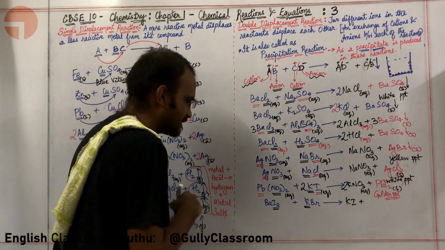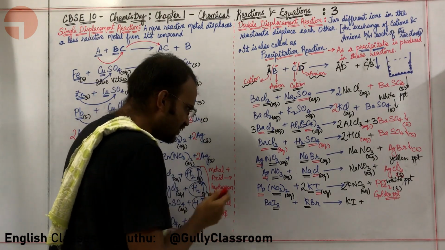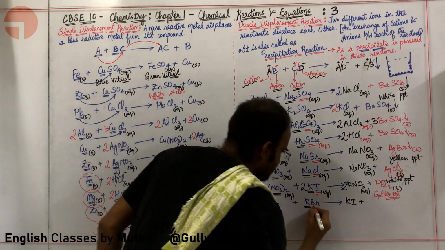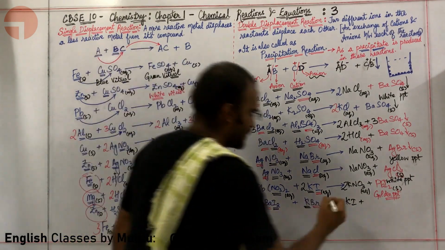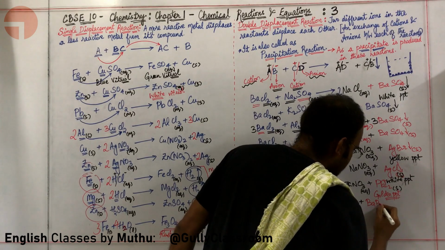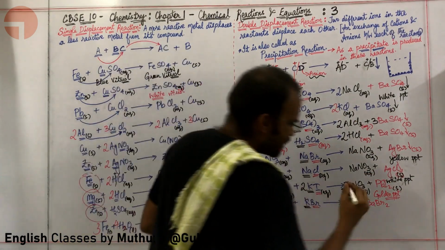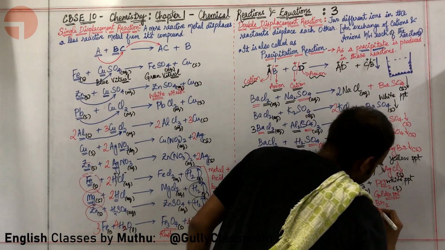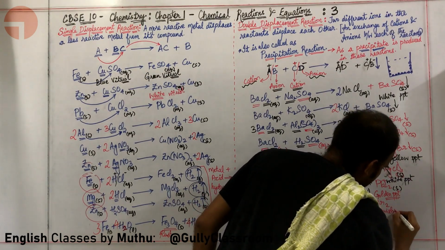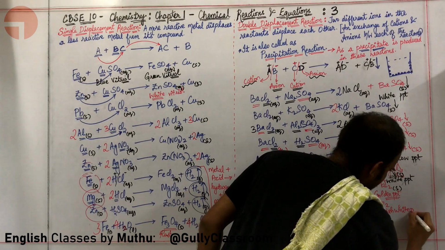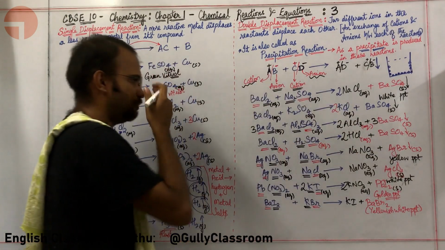Okay, sir. What next? Here there is Ba, here there is Br. They combine with each other to form BaBr2. What is the color of BaBr2? BaBr2 is a yellowish white precipitate.